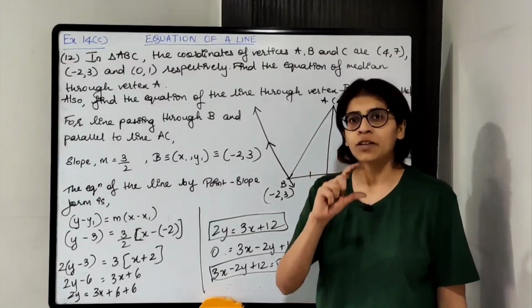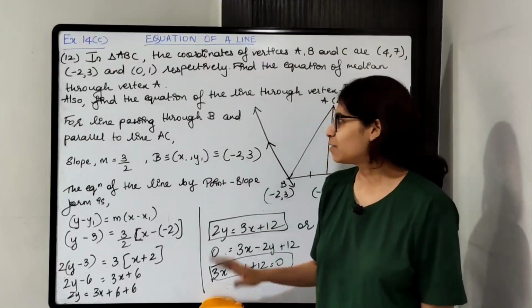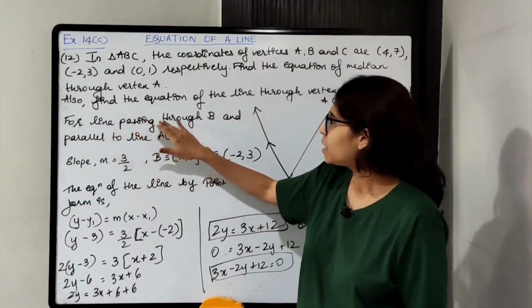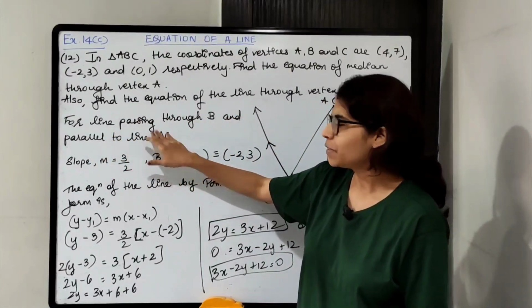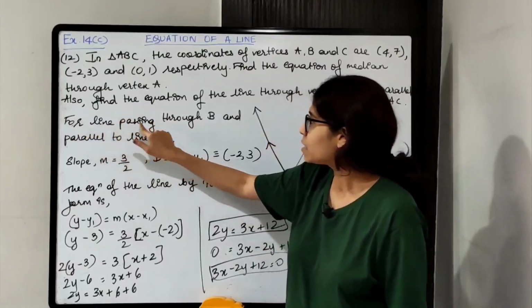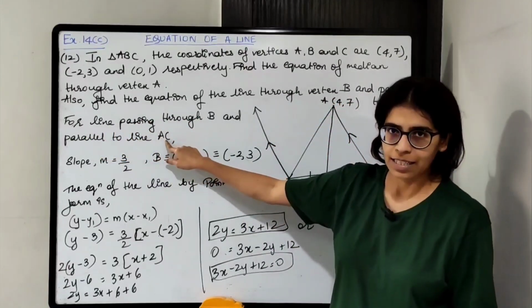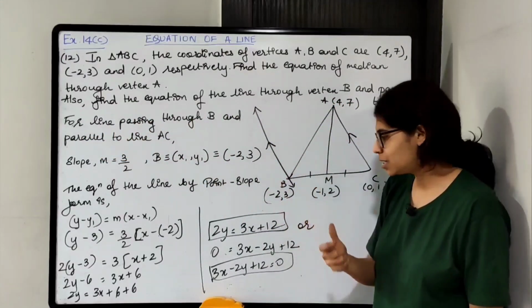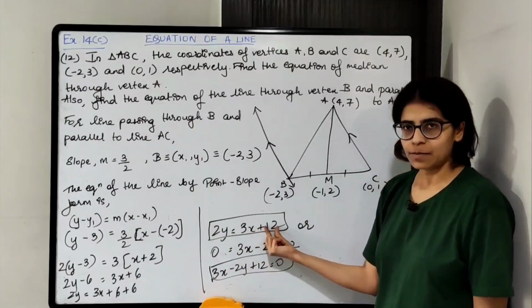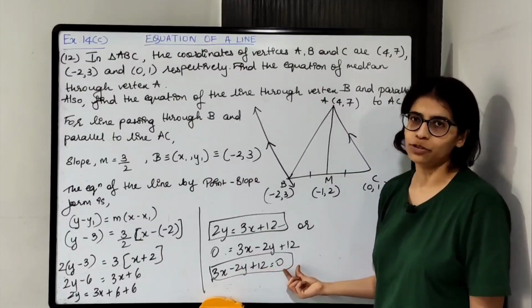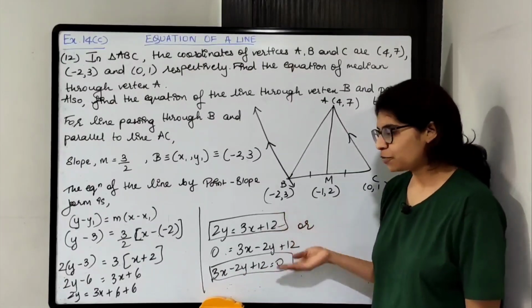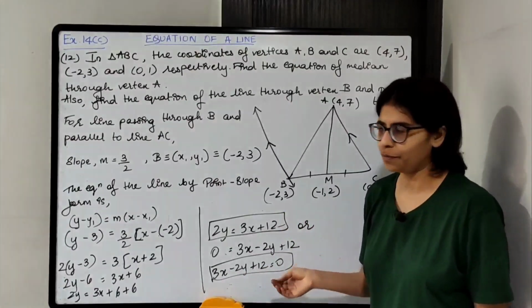Okay, write down the final statement. For line passing through B and parallel to line AC, the equation is 2y equal to 3x plus 12 or 3x minus 2y plus 12 equal to 0. Okay, either of the two equations you can write down.